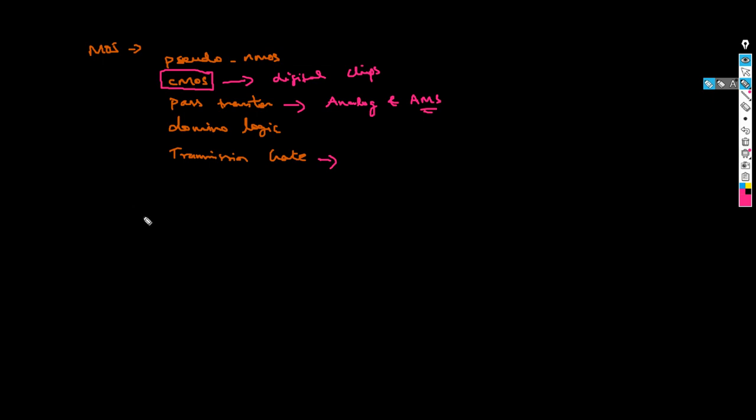Say for example, this is 5 volt, and your VT is 0.7 volt. What would be the output here?